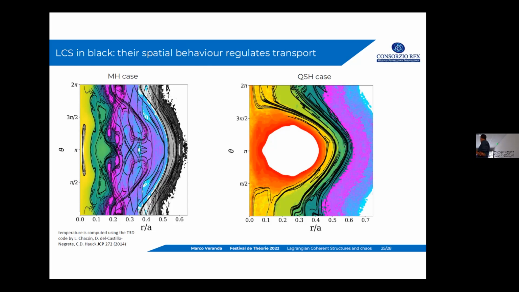This simulation was made with 10 to the 6, maybe 10 to the 7. To get a good comparison between the temperature that we observe and the results of the simulation, we need to increase both the Lundquist number and the anisotropy. But the path seems to be the correct one because we observe temperature gradients that are very similar to the experiment.